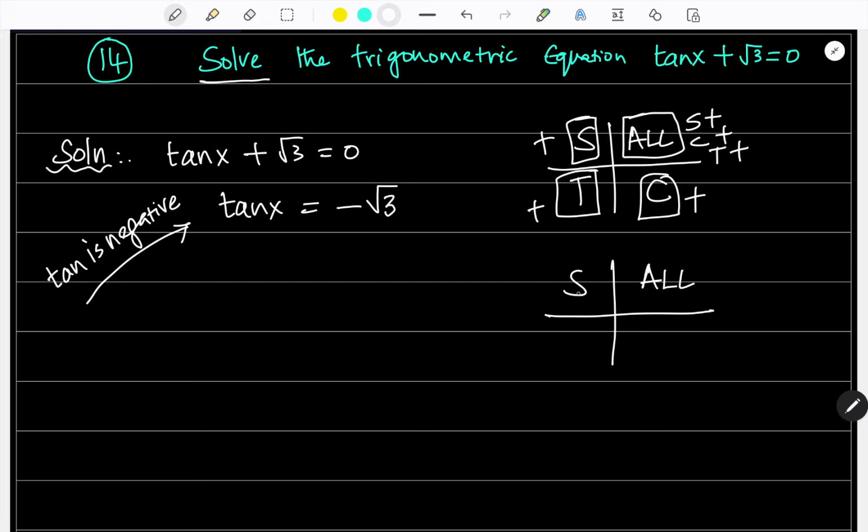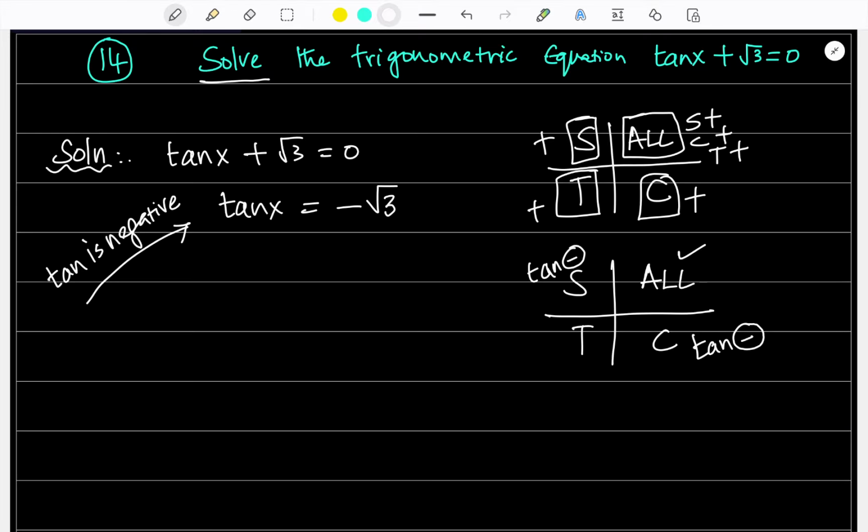So this is all S, T, C. Where is tan negative? Tan is negative here. Keep it in your mind. Here all are positive. Here only sine is positive, so tan is negative. Here tan is positive, I don't want that.